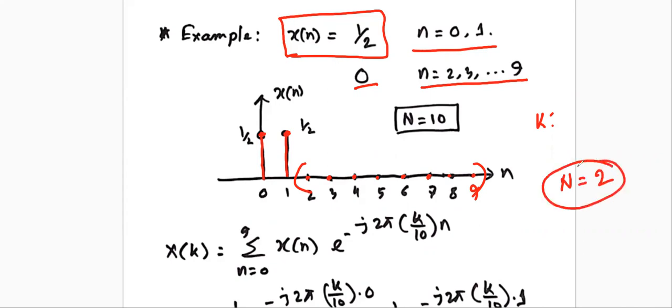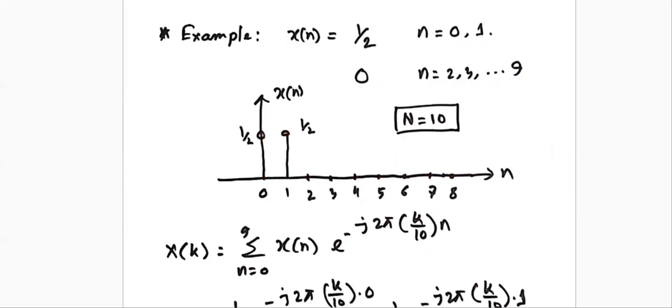That means only 2 samples. So k is also from 0 to 1. So you can only find 2 samples. Now what we are doing is padding with zeros so that we can extend the capital N from 2 to 10. We are increasing the value of N here.